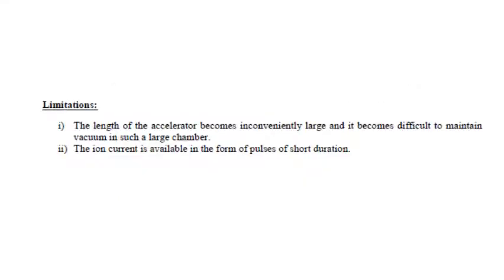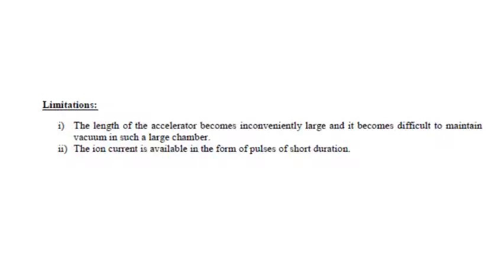I am ignoring the mathematical part of this because it is not written specifically in your syllabus. But at least we must know the qualitative part. The limitation of this accelerator is that the length of accelerator becomes inconveniently large.